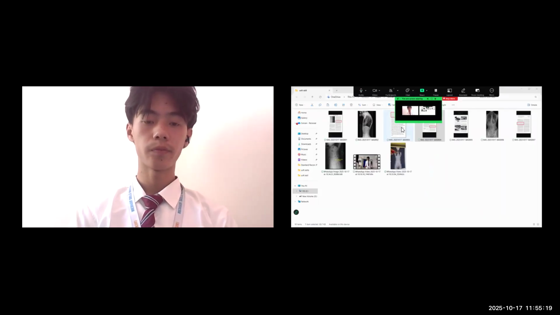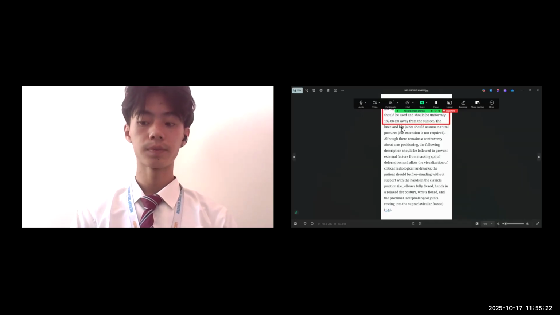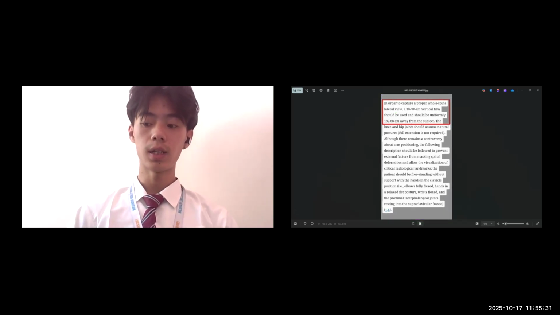Now we are going to talk about spinal deformities in general. We'll be referring to an article that is published for the public, and anyone can read it. According to the article, in order to capture a proper whole spine lateral view, a 30 centimeter wide and 90 centimeter long vertical film should be used and should be uniformly 182.88 centimeters away from the subject.